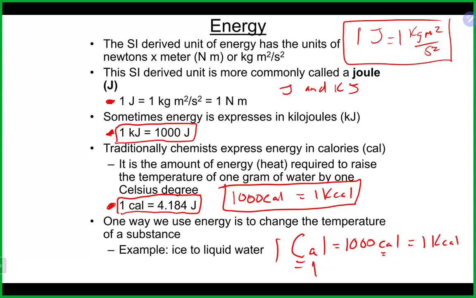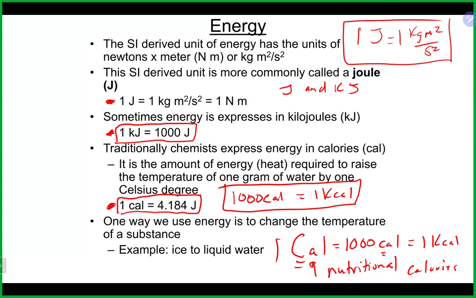This is sometimes referred to as a nutritional calorie, like the calories of food. So you don't want to confuse those. If you do see a capital C, it is not the lowercase c. Most of the time in chemistry, we focus on the lowercase, unless we're talking nutritional calories. But those are some conversions that you should be aware of.